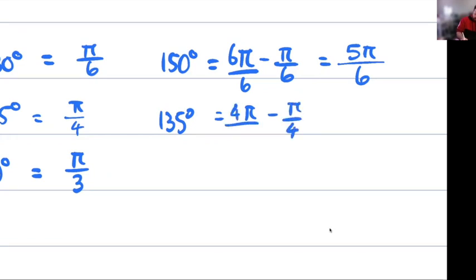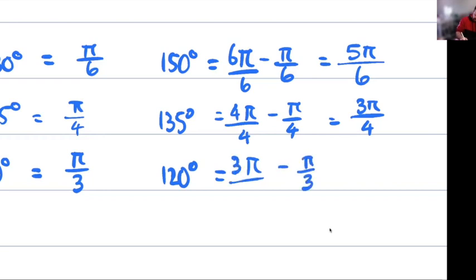So this becomes 4 pi on 4 minus pi on 4, which equals 3 pi over 4. And the exact same thing, 120 degrees equals pi minus pi on 3, which becomes 3 pi on 3 minus pi on 3, which becomes 2 pi over 3, right?